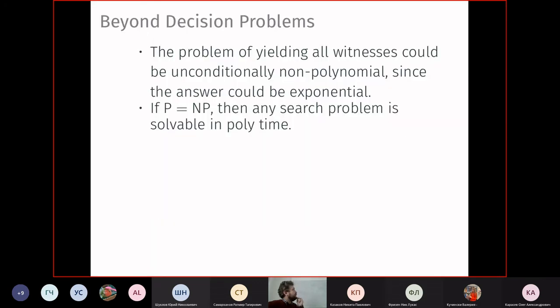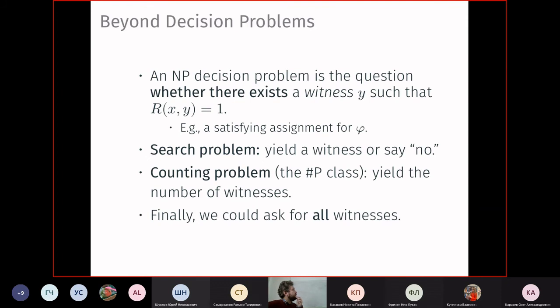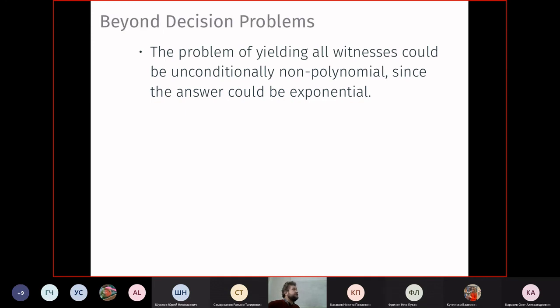One more consideration about asking for all witnesses. What you could possibly ask is to yield all the witnesses with what is called polynomial delay. As we see here, you could not give an algorithm which yields all the witnesses in polynomial time, just because there could be an exponential number of them. But with the notion of polynomial delay algorithms, we do the following.